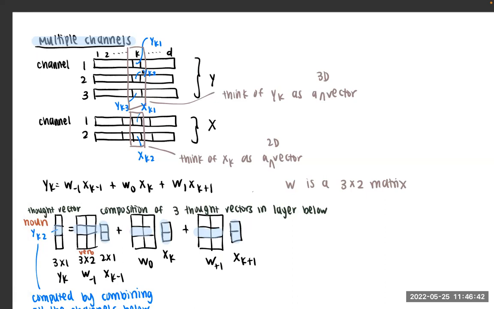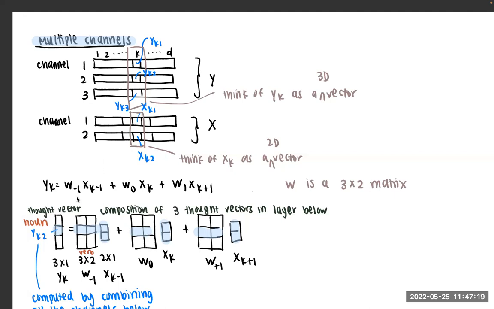So this is a 3 by 1 vector. And yk1 belongs to the first channel, yk2 belongs to the second channel, yk3 belongs to the third channel. So we now focus on this location, position k, and at position k, we have 3 y values, and we combine them into a vector. So this is a 3 by 1 vector. Similarly, xk, which consists of xk1, xk2, becomes a 2 by 1 vector.